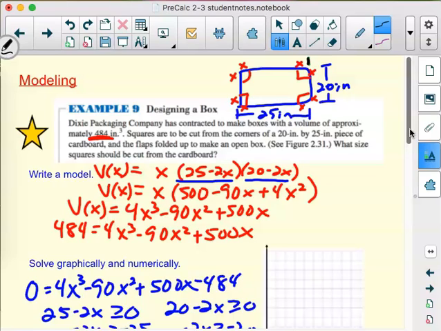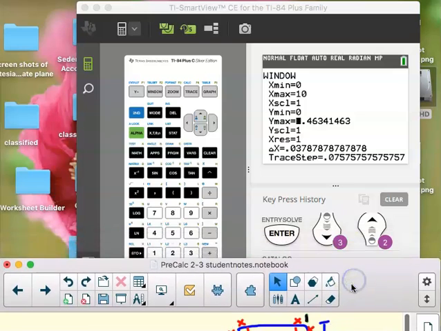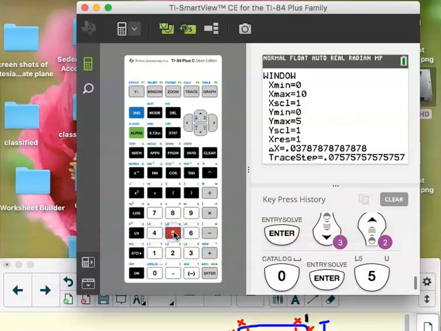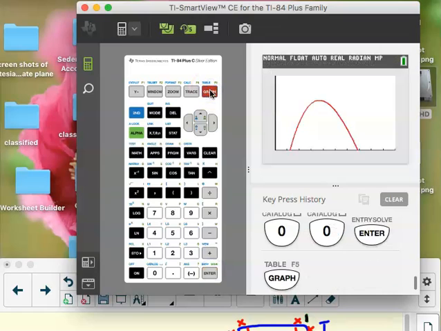That would be too much higher because it still wouldn't be 20 and it wouldn't be 25. But at least that gives us a number to try. 1 times 25 times 20 is going to give us 500. So let's put 500 in here. And it's probably more than we need, but it gives us a good starting place. Graph. Excellent. So we see there's actually 2 zeros there.